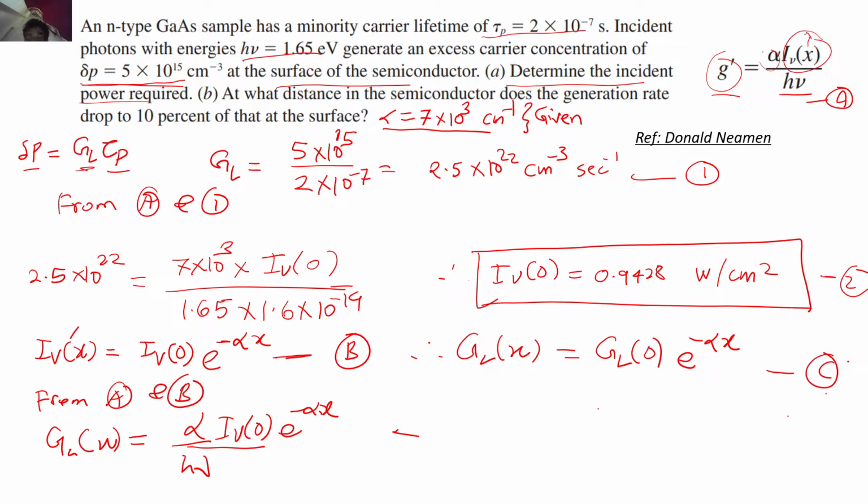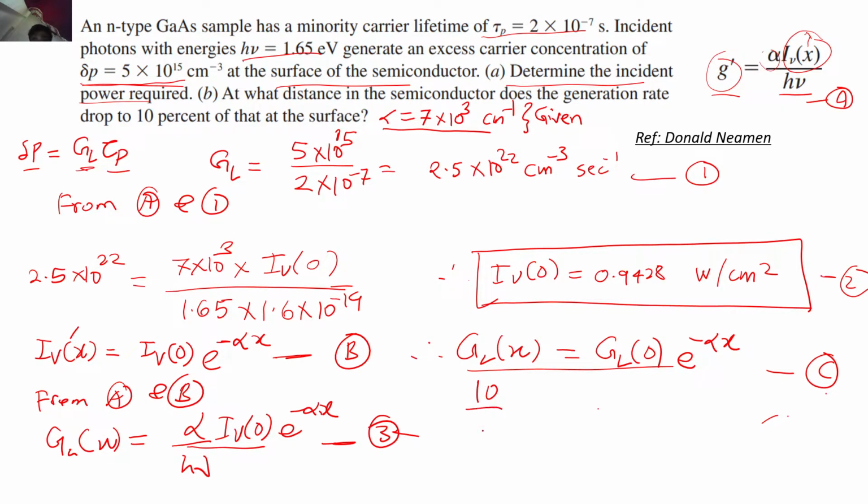I will denote this as equation number 3. From equation 3 and equation C, you can clearly see that the incident power density decays exponentially inside the semiconductor material, so the generation rate also decays in an exponential manner. Now what they are asking us is to set G_L(x) to 10% of G_L(0).